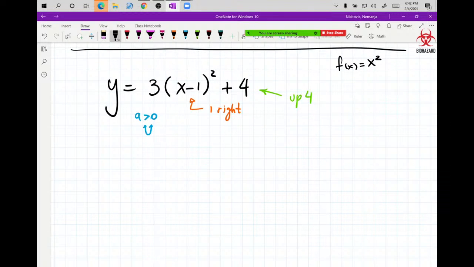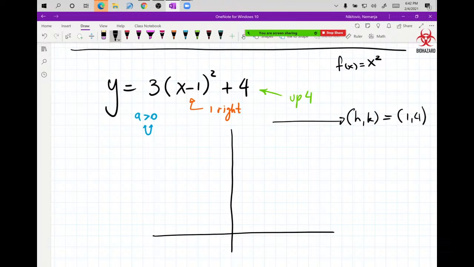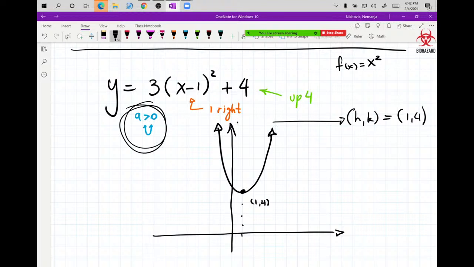I can pull my h and k into a point, which is (1, 4), and that creates a point through which I draw the function. 1, 2, 3, 4, and I know it's a minimum, because the graph is going to open up. And there you go. This is a sketch.